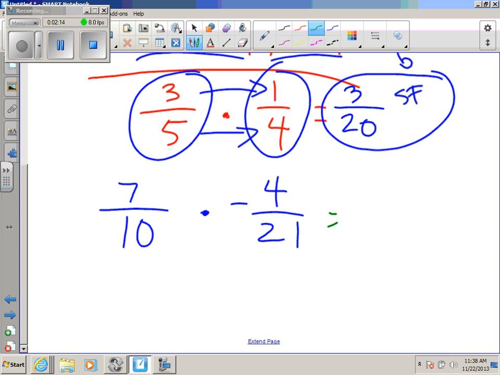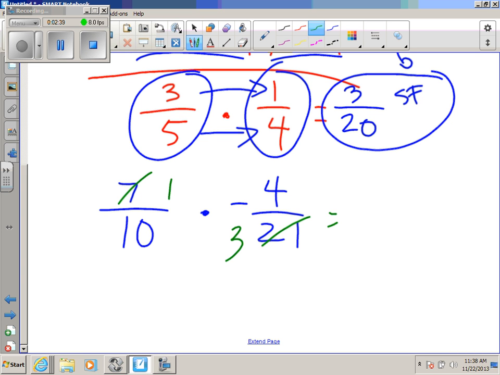And that is where we look diagonally. Okay? I look at the 7 and the 21, and I ask myself, is there anything that I can divide them both by to reduce them a little bit? 7. I say, okay, there's 1 7 there, and there are 3 7s in 21.